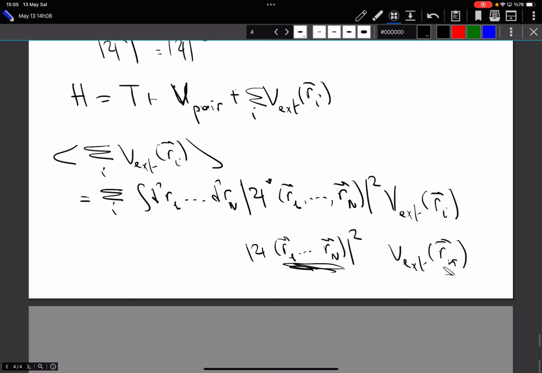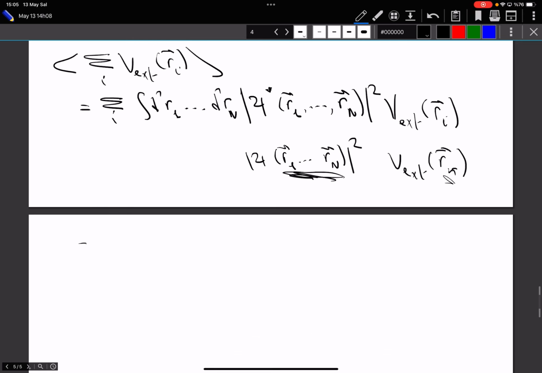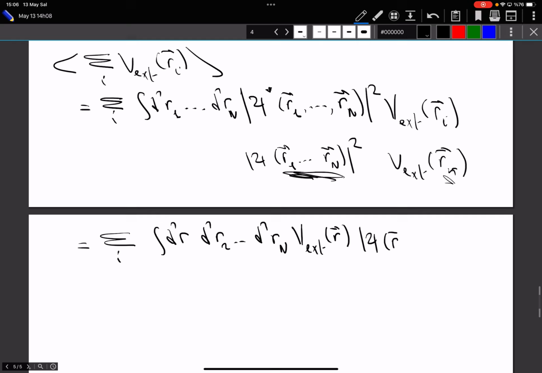Nothing changes. So this integral is actually the integral of d cubed r, d cubed r2, ... d cubed rn, v external of r, times psi of r, r2, ... rn, squared.